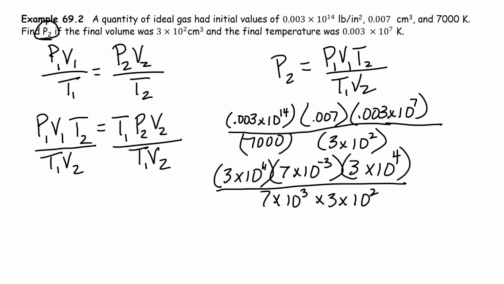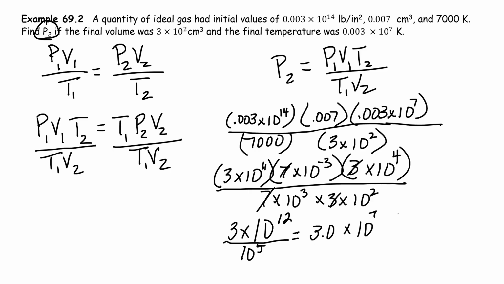We have a 3 on the bottom and a 3 on the top, and a 7 on the bottom and a 7 on the top. And then we have 3 on the top. We have 3 times 10 to the 11 minus 3 is 8, plus 4 is 12. And then on the bottom, we have 10 to the 5th. So this is going to be 3.0 times 10 to the 7th, and it's going to be pounds per square inch.